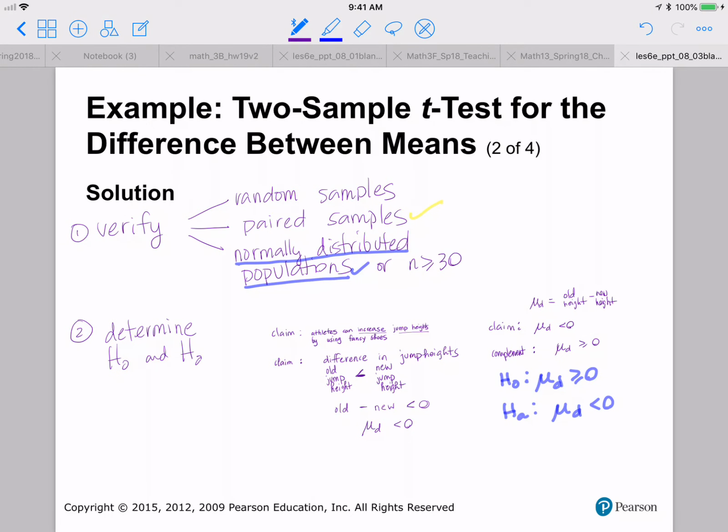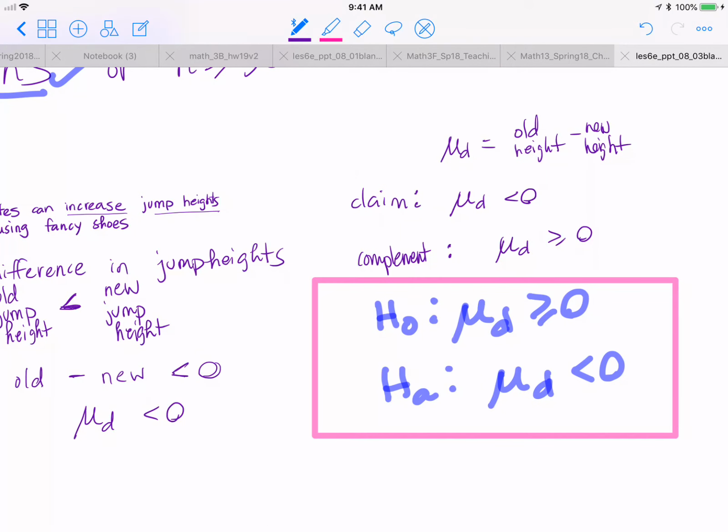So we figured out our null and alternative hypotheses. And to be more specific, the claim is the alternative hypothesis. So I'm going to indicate that here. The claim is the alternative hypothesis.